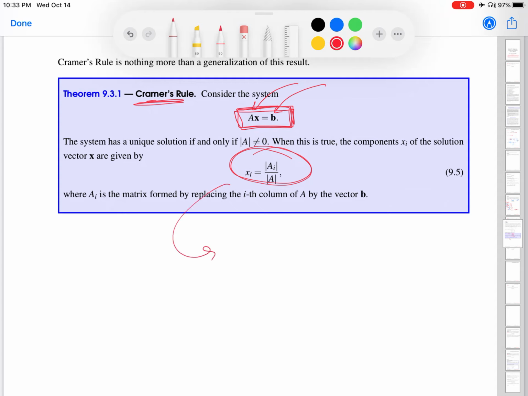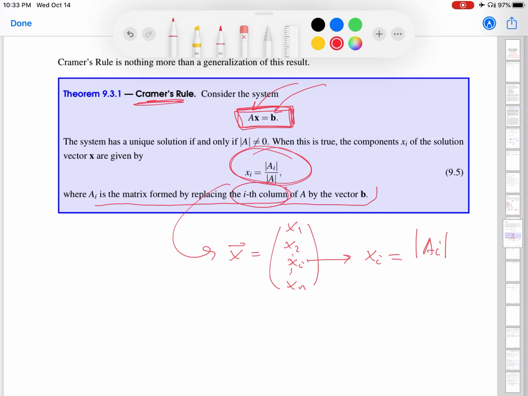It tells you that the vector x that you're looking for, which has however many components x1 through xn, has ith component x sub i equal to the determinant of this new matrix A sub i, obtained by replacing the ith column of A by the vector B, divided by the determinant of A. So that's one of the nice things about Cramer's rule.